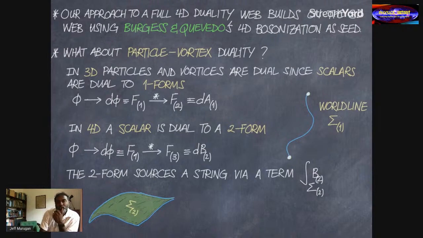So our approach to building a full 4-dimensional duality web, which we did in our paper of March last year, builds on using the Burgess-Quevedo prescription in 4 dimensions. So we start off with 4-dimensional bosonization as a seed, in the same way that I motivated starting with 3-dimensional bosonization as a seed in the previous slide.